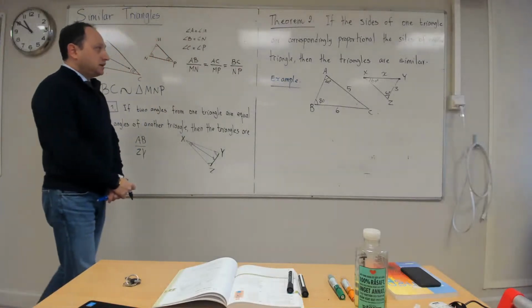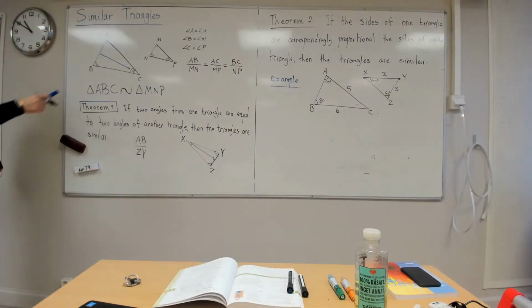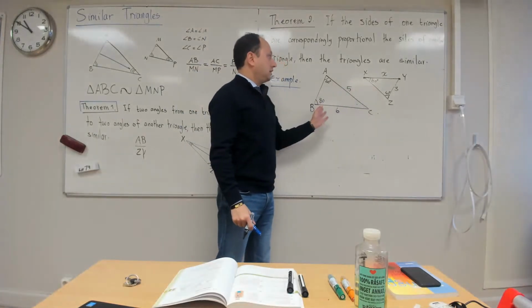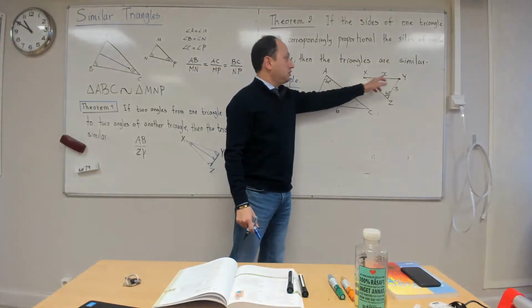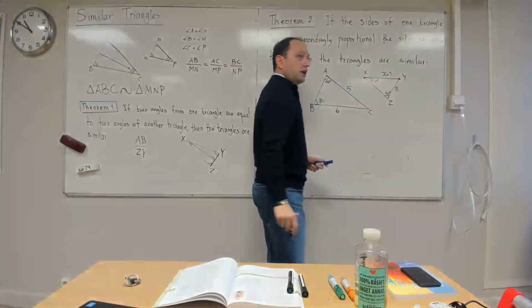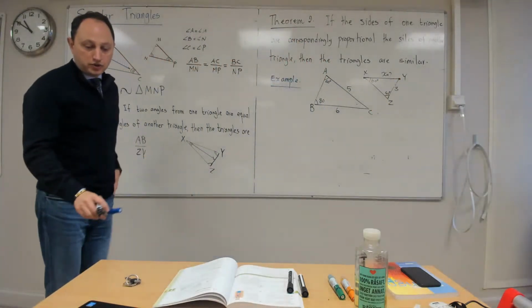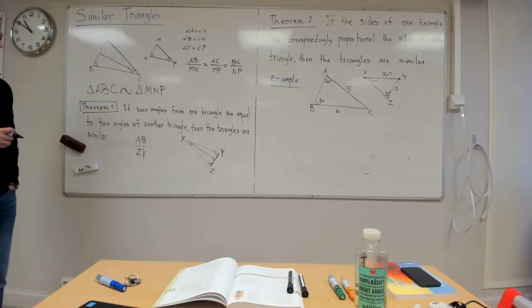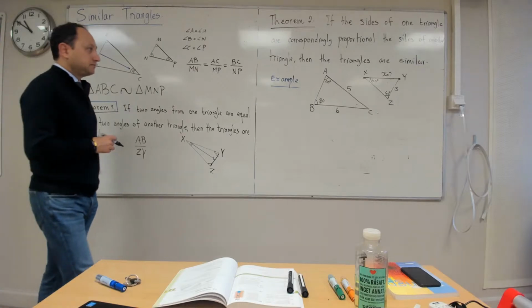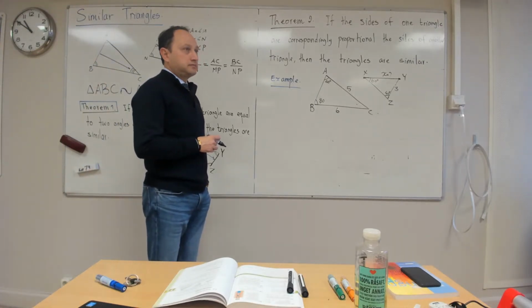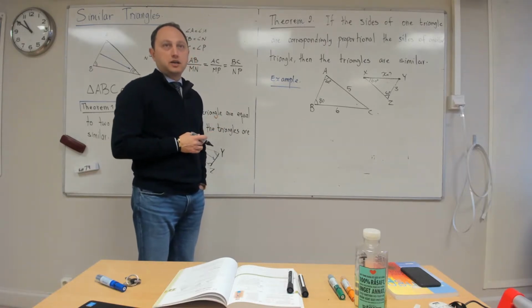Yes. Assume that I give you these two triangles with this information, and I am asking you to calculate this X value, the length of this side. So how should I do that? How should I calculate this number?